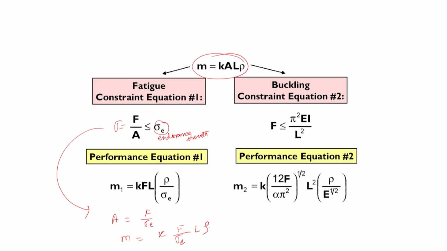So, that means I can again write it in a variable separation form and write this rho over sigma E separately. So, that is my first material property, and in order to reduce the mass, I have to minimize rho over sigma E, or in other words, if m is sigma E over rho, which is more conventional, then I have to maximize this m1, first property.